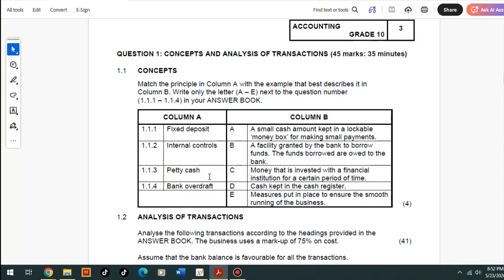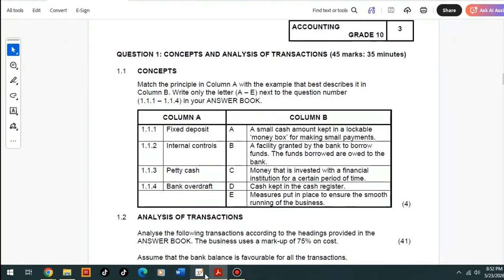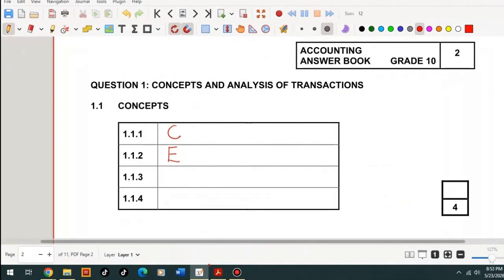Petty means small, meaning that it's a small amount of cash that is used to make small payments. Usually for these small payments, we would otherwise have to withdraw cash from the bank or transfer money via EFT. So we have to keep a small amount of cash within the business. This matches with A.